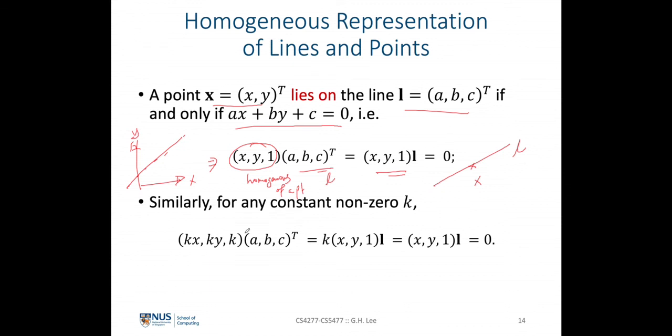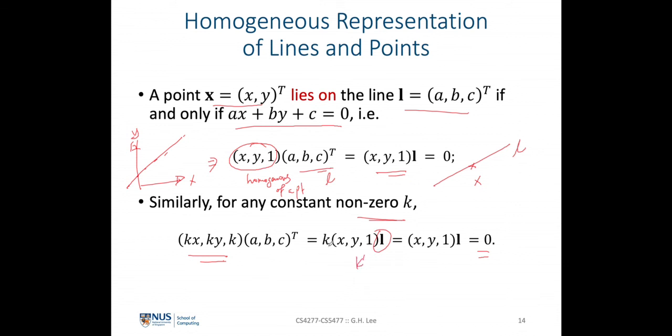So similarly, for any constant non-zero k, this incidence relation will always hold true. In this case, we can say that for any point represented as the homogeneous coordinate kx, ky, and k multiplied by a, b, and c, it will always give us 0. It's going to be the same even if we were to scale L as what we have seen earlier, where we can factorize out, say for example k prime.